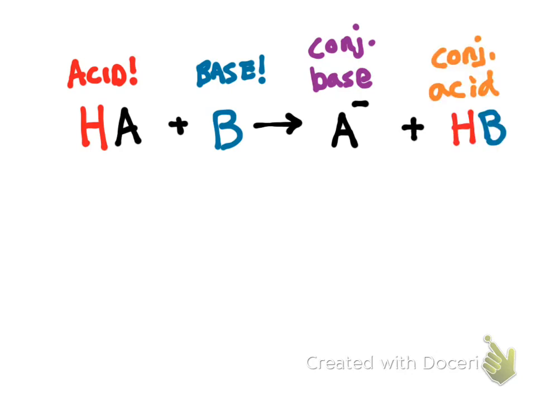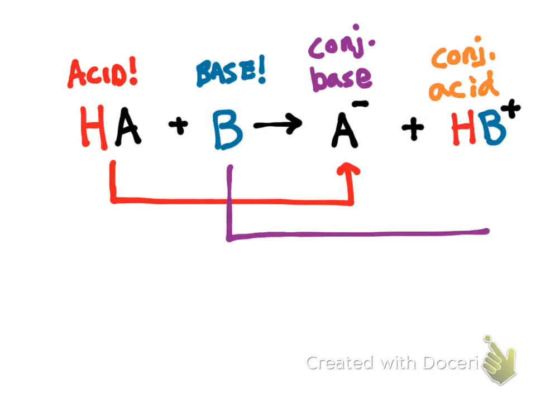Now that it has one more unit of positive charge, so whatever gives up the hydrogen is the acid. Whatever it becomes in the product side is the conjugate base. Whatever grabs onto the hydrogen, so in this case generic base B grabbed onto a hydrogen, became HB+.